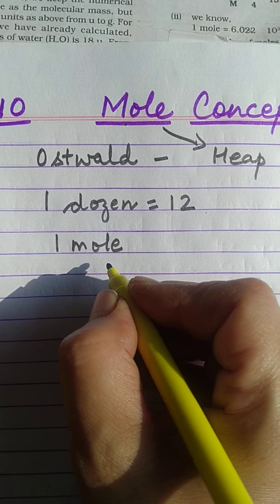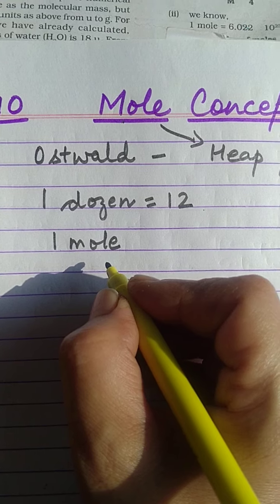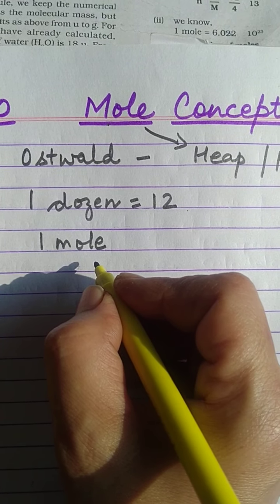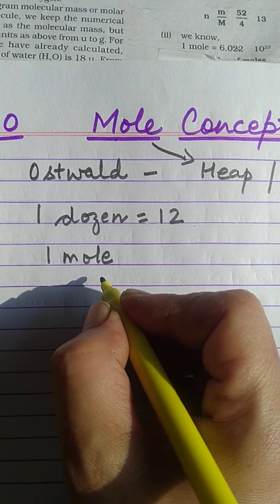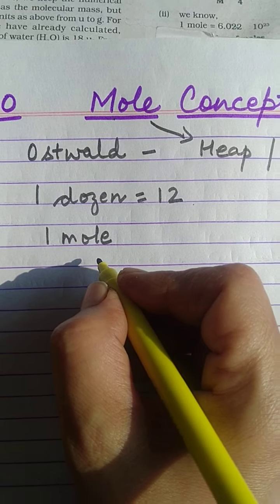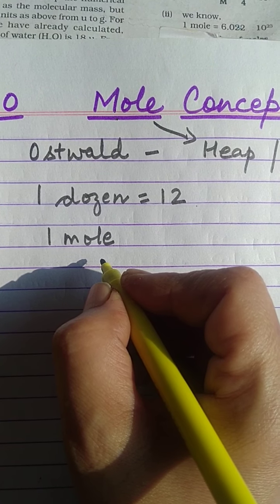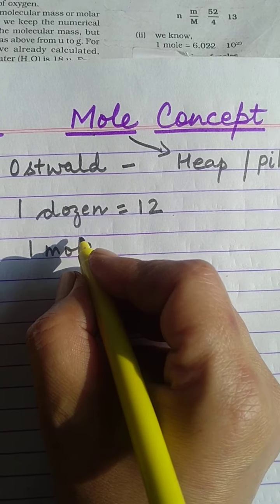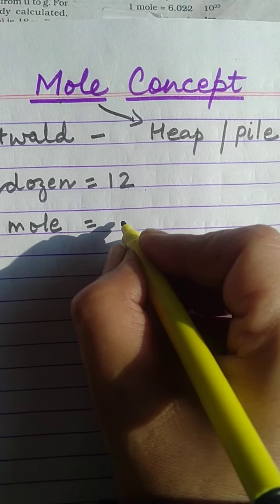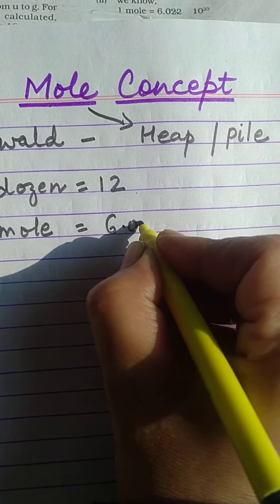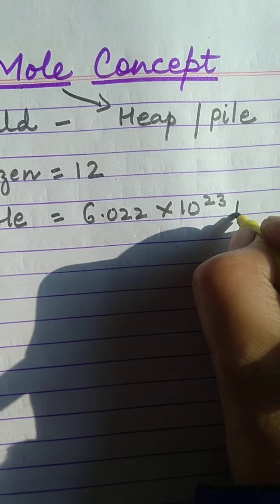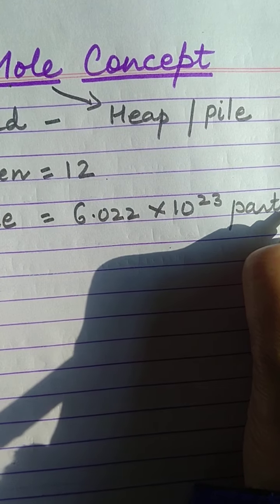This word mole, which we use in chemistry, refers to the quantity of a substance in terms of molecules or atoms. So 1 mole is always equal to 6.022 into 10 raised to power 23 particles.